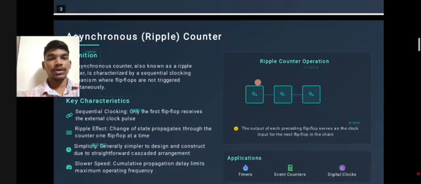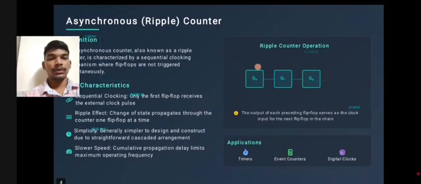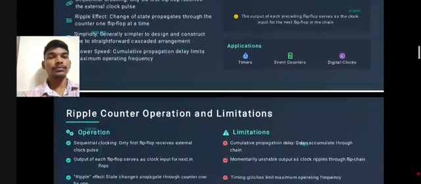Ripple effect: change of state propagates through the counter one flip-flop at a time. Simplicity: generally simpler to design and construct due to the straightforward cascaded arrangement. Slow speed: cumulative propagation delay limits maximum operating frequency.